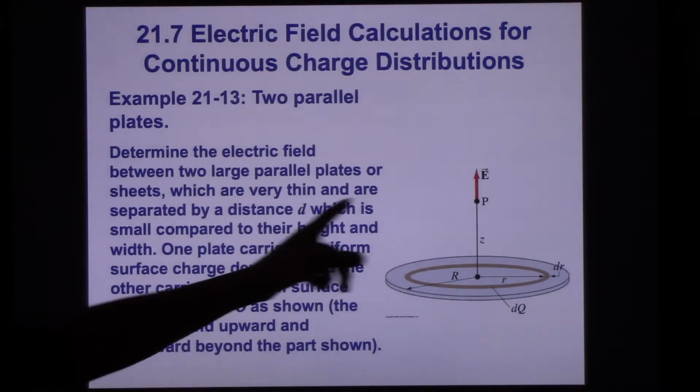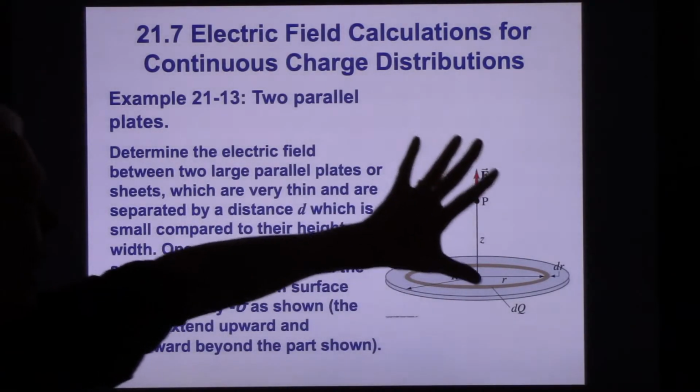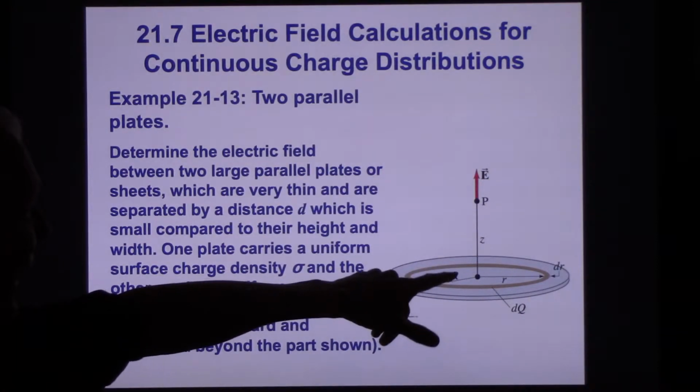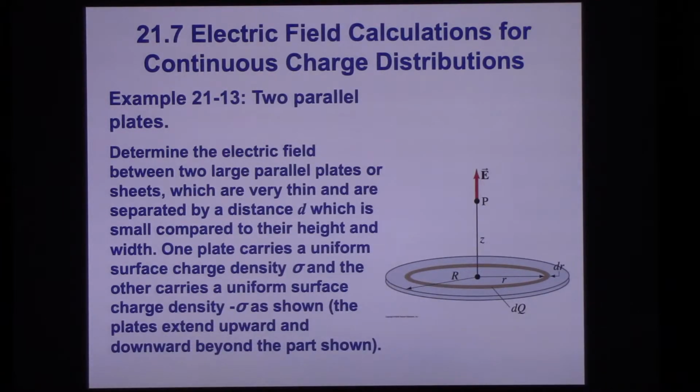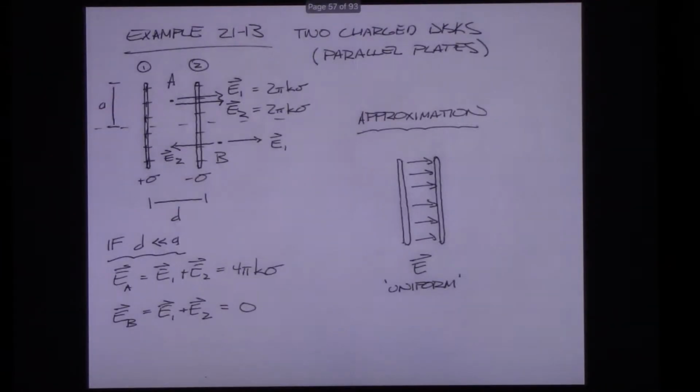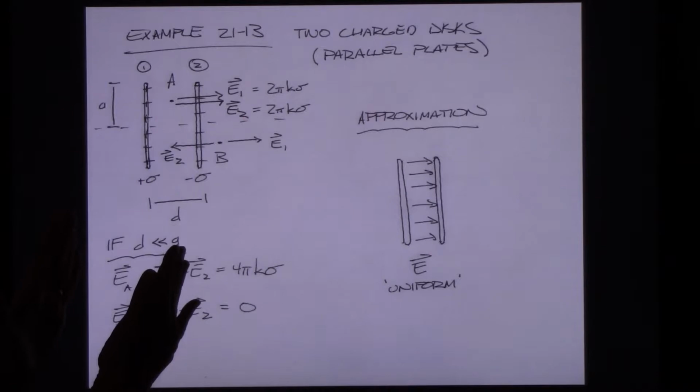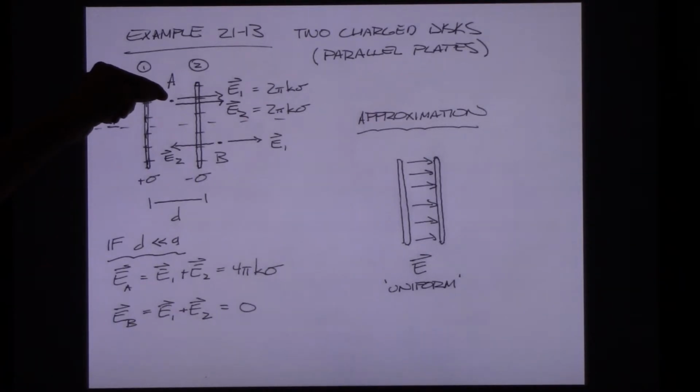Now, they use the same diagram here, but I think it's wrong. So we actually have to take two of these. In this example, what they're going to say is, let's take two of these and place them next to each other. If we're in a region between these two plates, then what would the E field be?